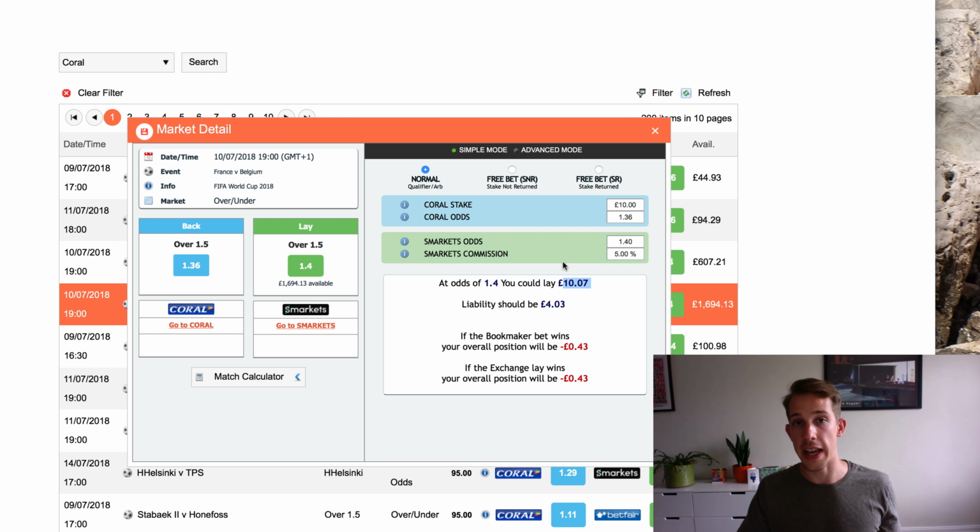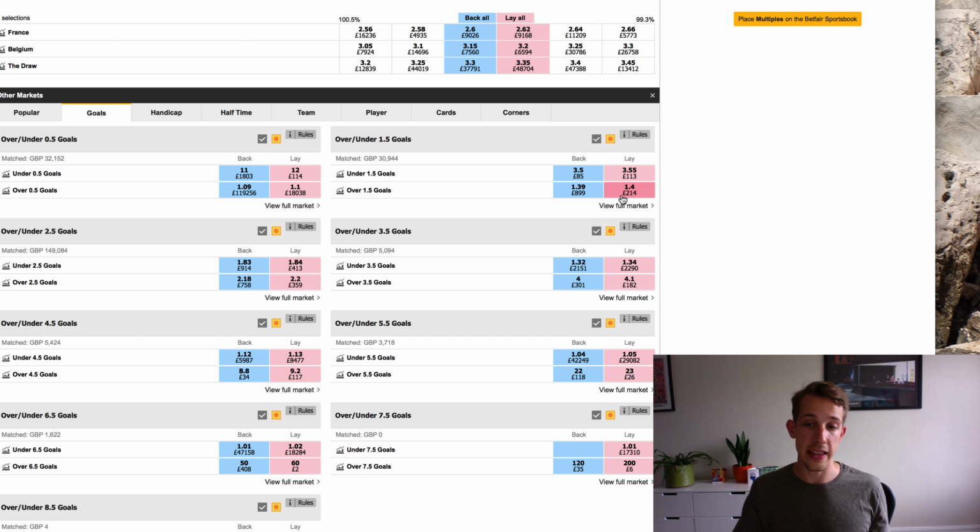One tip I would give to you here is be aware when the availability is kind of close to the lay stake. If that's the case, what can sometimes happen is somebody can come in and say this market availability was only £30 or £50.